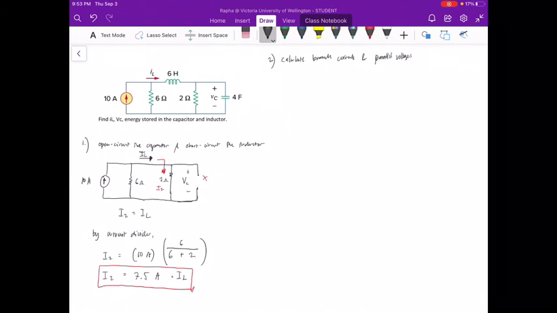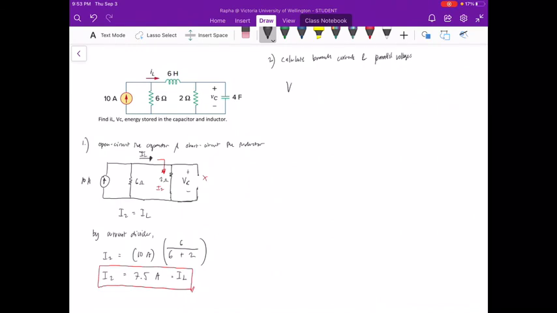We already solved for IL, so this will be important in order to solve for the parallel voltages. In the diagram, V sub C or VC is obviously across the 2 ohm resistor. So we need to find the voltage across the 2 ohm resistor, and we can definitely find that using the current and the resistance value.